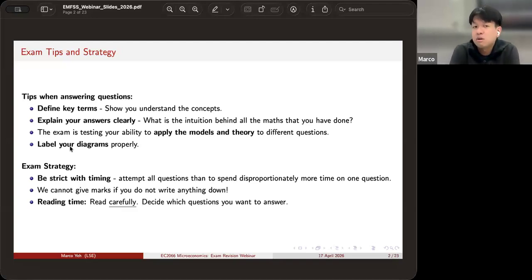Otherwise, the marker will think you're hiding stuff. Maybe you don't understand this in a very thorough way, then you will lose some marks because of that. If you are really not understanding everything, then it's fine. But if you actually understand all of the stuff, but you cannot demonstrate it properly, then you miss out.